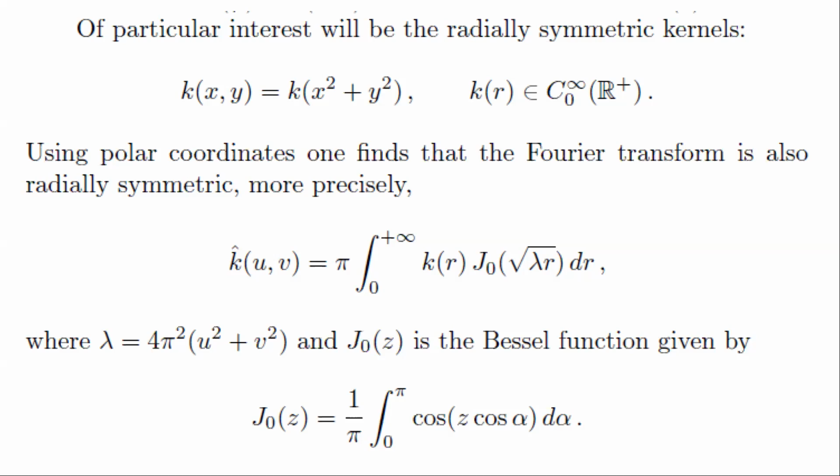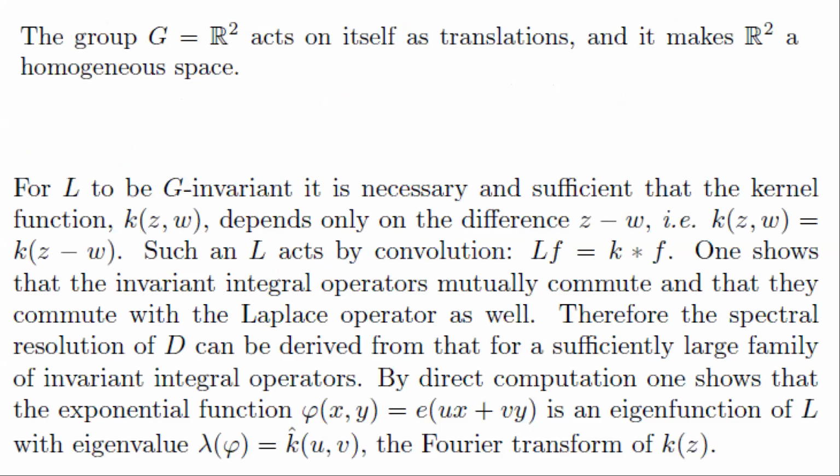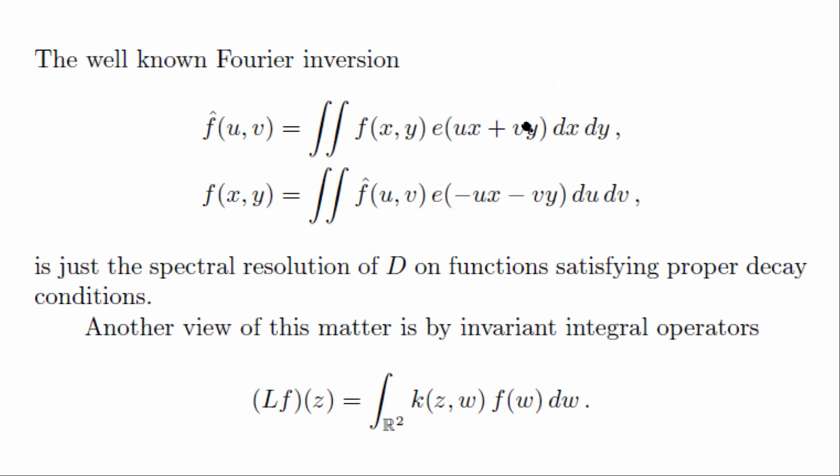And so you get to the point where you look at these and you understand, am I evaluating K at the radial distance from the origin, or am I evaluating K at a pair? And then from that, I figure out how far away I am. So we care about kernels that only depend on the radial distance. And when we looked at the definition of the Fourier transform, this is the Fourier transform in x and y coordinates. Well, as soon as I tell you I have a function that only depends on the radial distance, what should you immediately be thinking of?